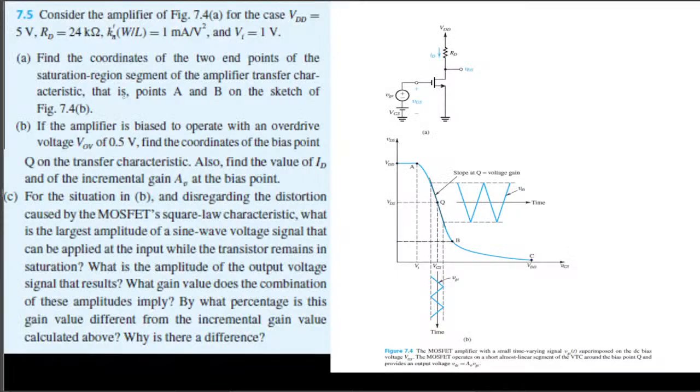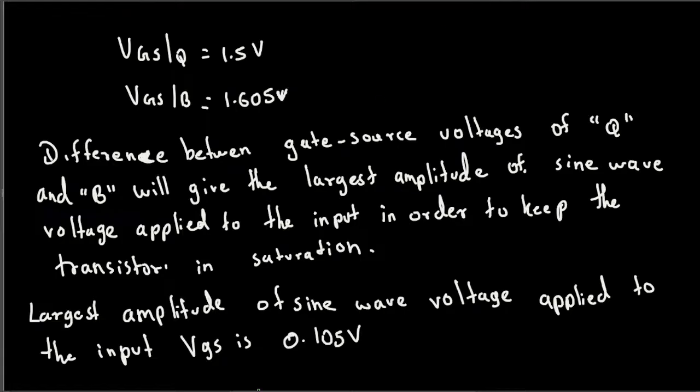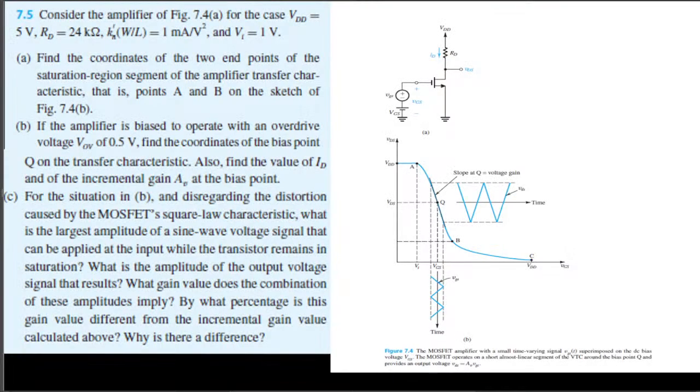That is the answer to one of the questions: for the situation in B, and disregarding the distortion caused by the MOSFET square law characteristic, what is the largest amplitude of sine wave voltage signal that can be applied to the input while the transistor remains in saturation? That is this. VGS is 0.105. That's the largest amplitude.